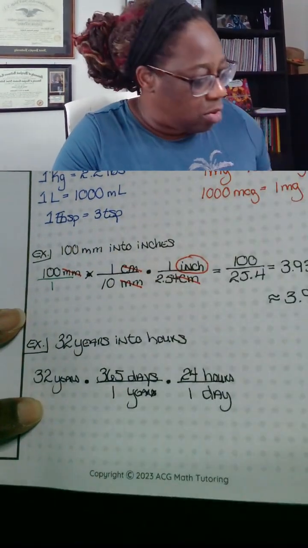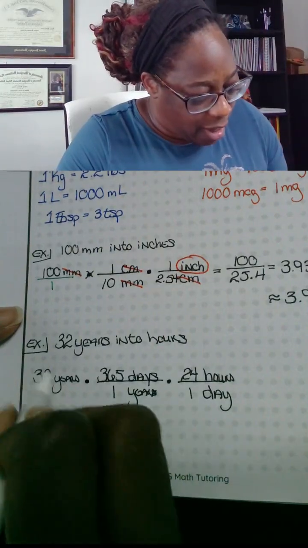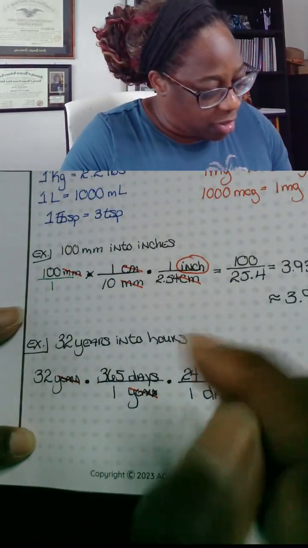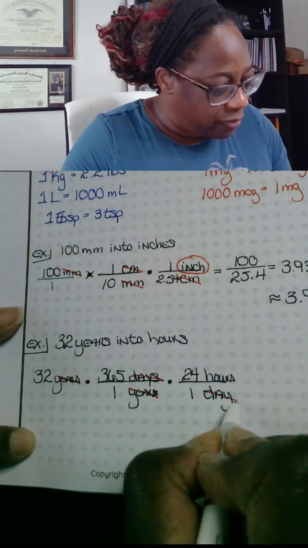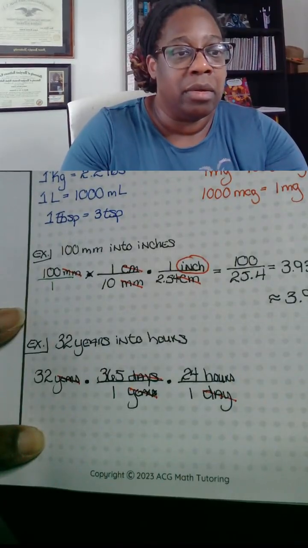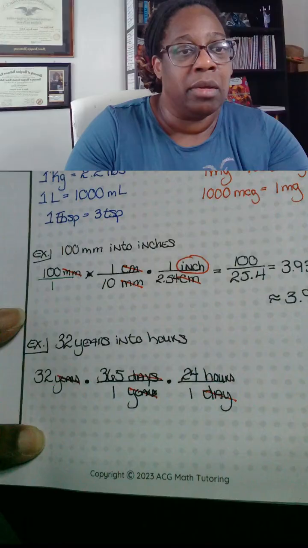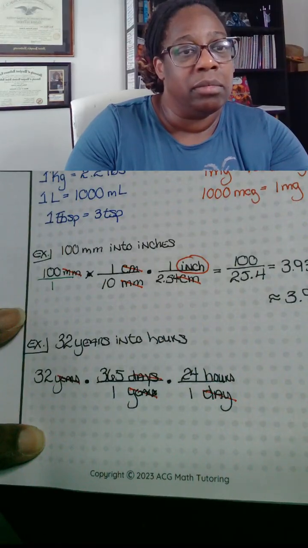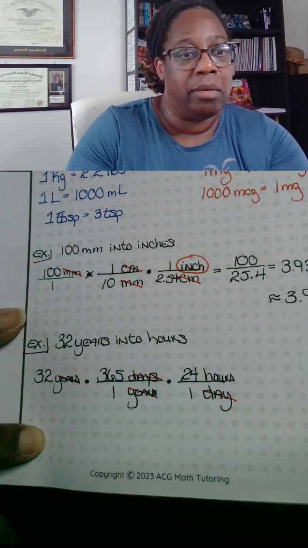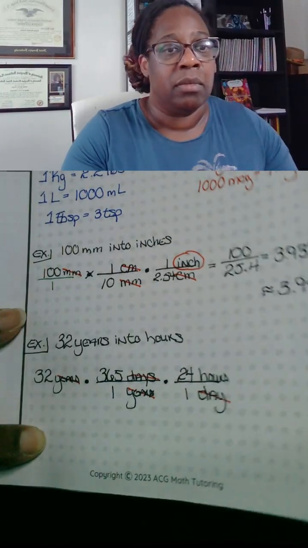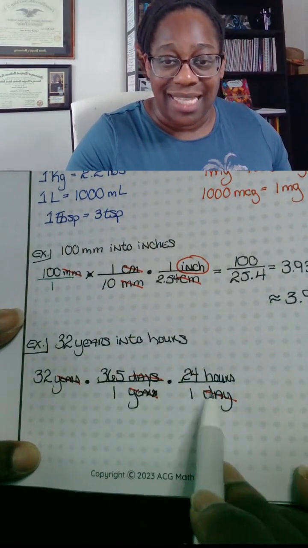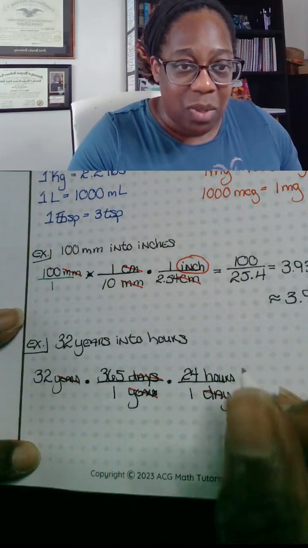All right, so with that being said, now look, you can cancel out years with years. You can cancel out days with days. So when we cancel out years with years and days with days, guess what's left?